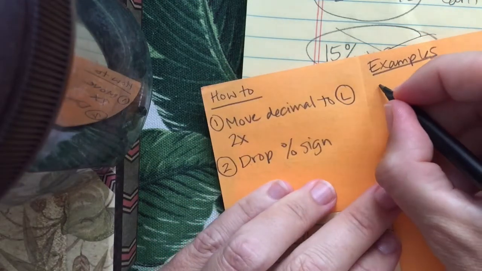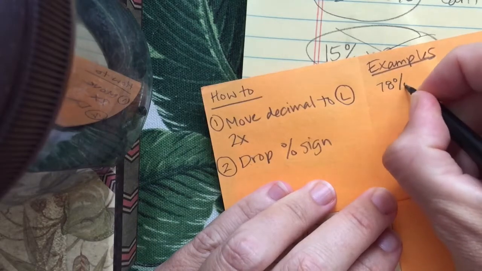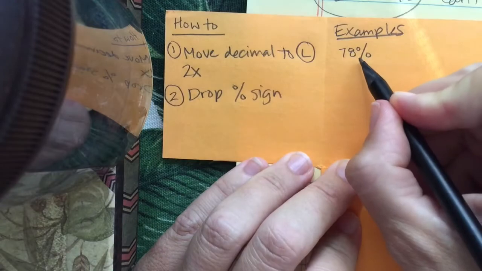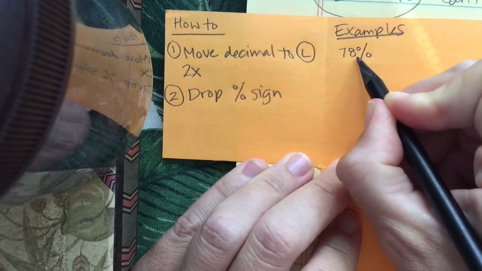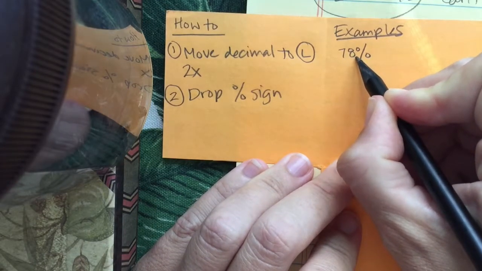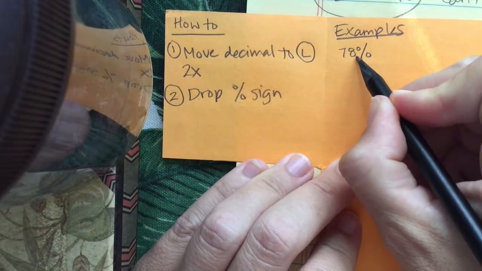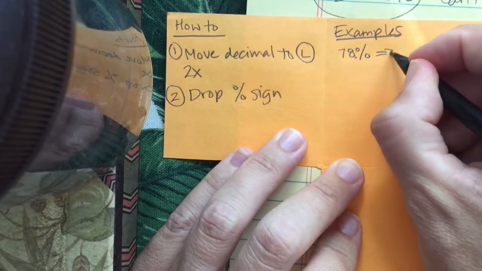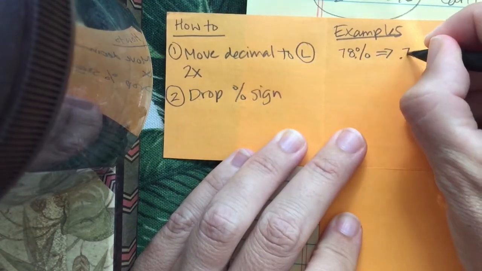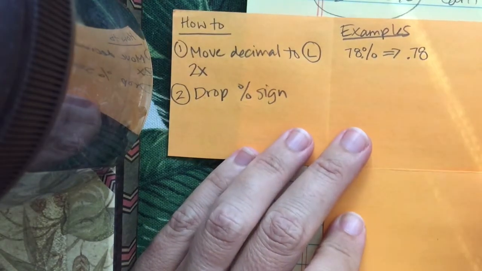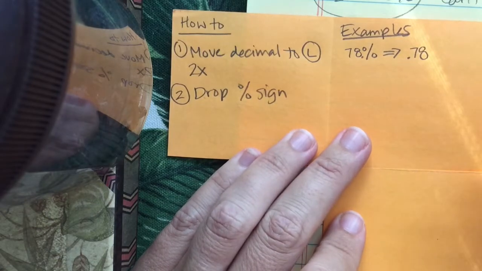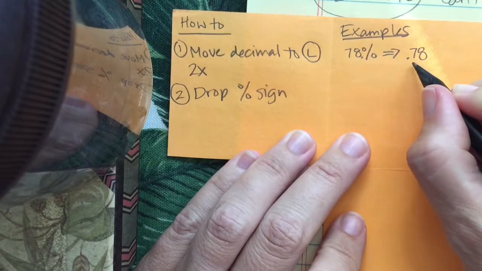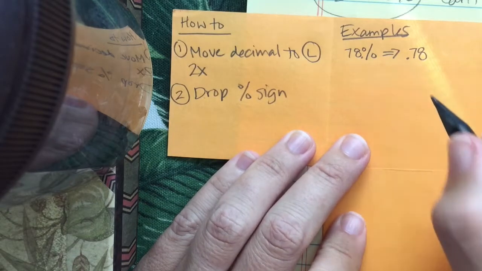So for example, if you had 78% and you wanted to change that to a decimal, right now this is a whole number, so that means my decimal is invisible and it's right here. All I'm going to do is move it 2 places to the left, which is going to make it 0.78, and I'm going to drop the percent sign. So 78% is the same thing as 0.78, okay?